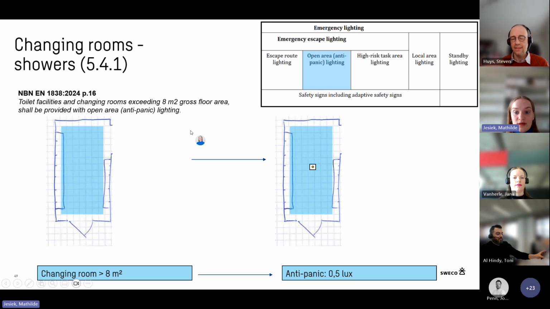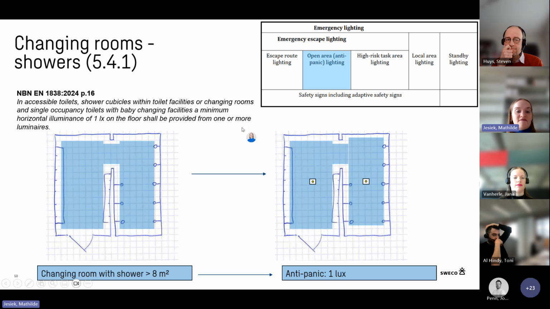In showers and changing rooms. So a standard changing room, half a lux is okay. So just put your luminaires so that we have half a lux anti-panic lighting. If you have showers in combination with dressing rooms, it will become 1 lux. So then you will also need to place in the showers an emergency lighting, and if needed, you will need to place more.